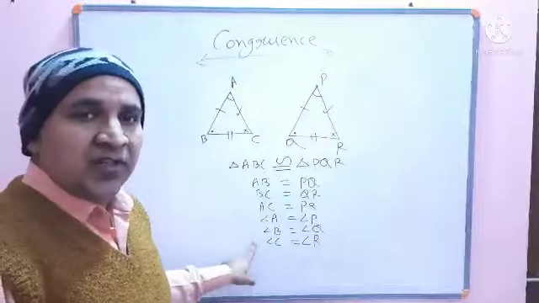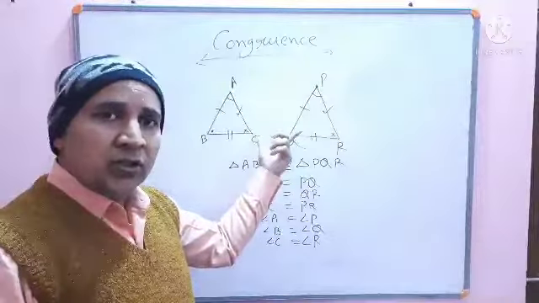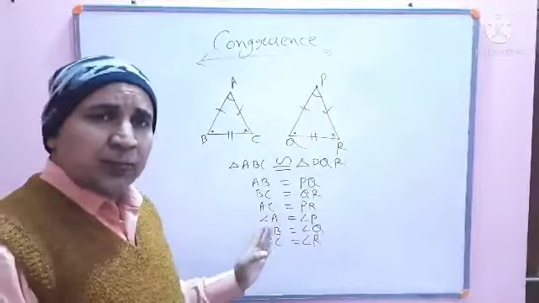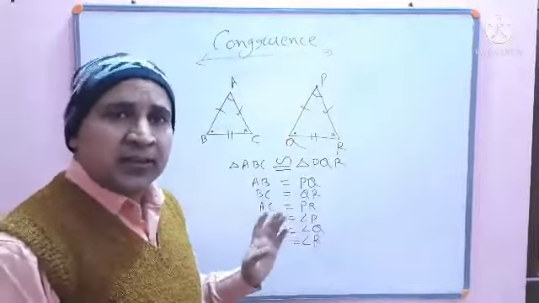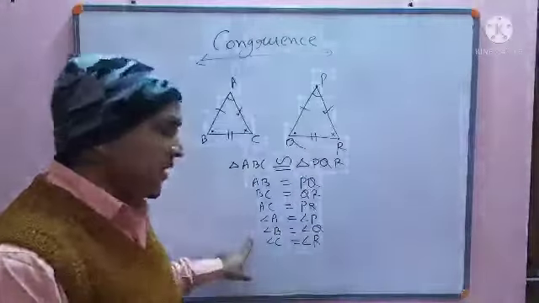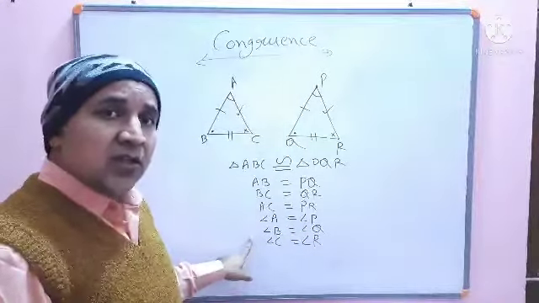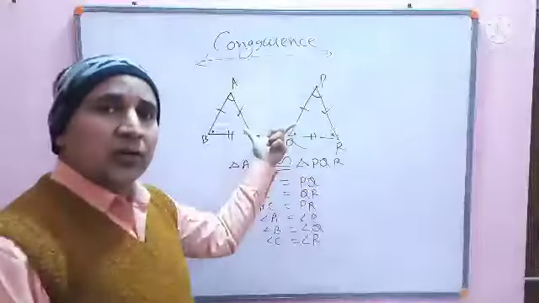To check whether 2 triangles are congruent or not, out of 6, we only have to count 3, but in a definite pattern or in a definite order. This is the noted point for you. Out of 6, only 3 we have to search, then we can say that 2 triangles will be congruent.